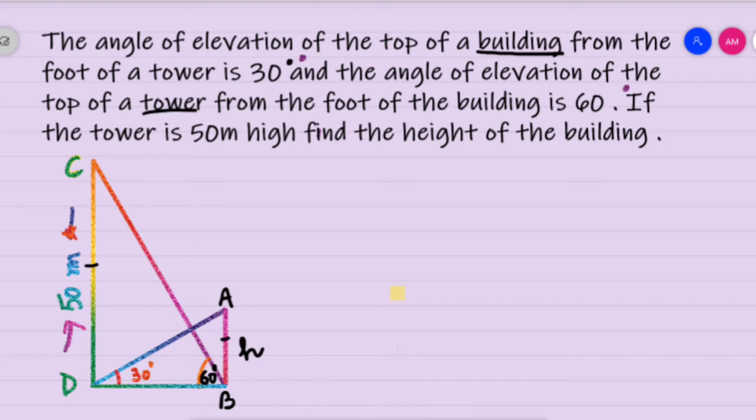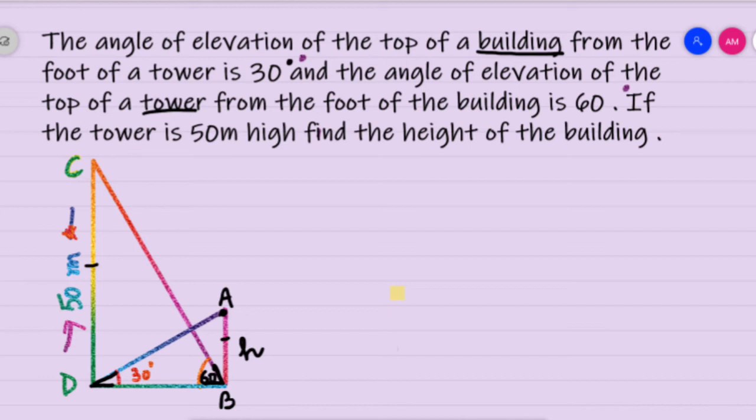The tower is bigger and the tower is taller and the building is shorter. This you must understand. How will you understand? From the bottom of the building, the angle of elevation to the tower is 60 degree, whereas from the bottom of the tower to the top of the building, the angle of elevation is 30 degree.